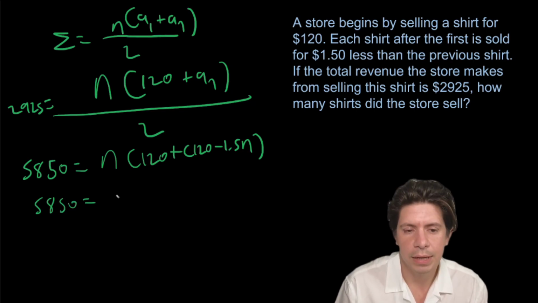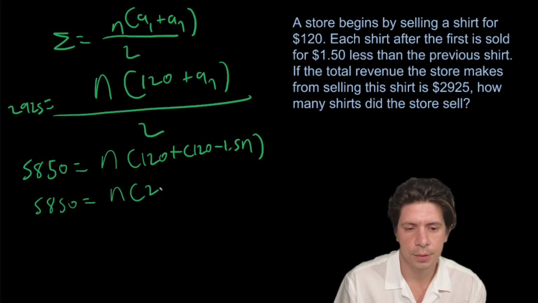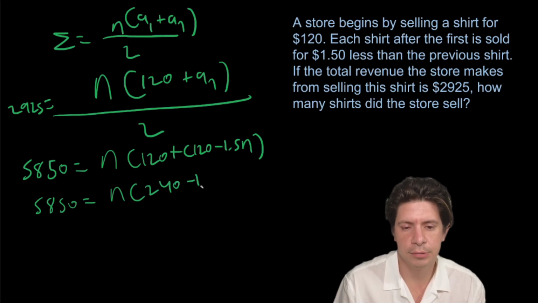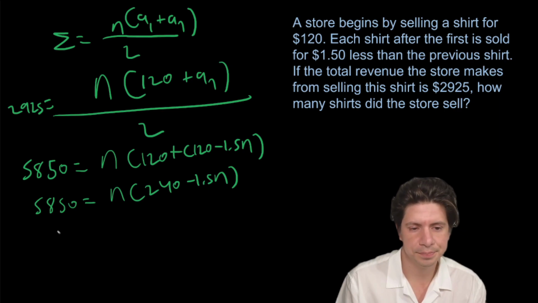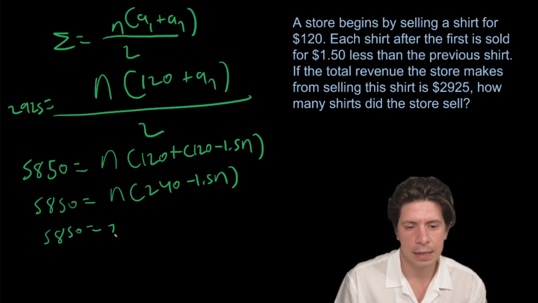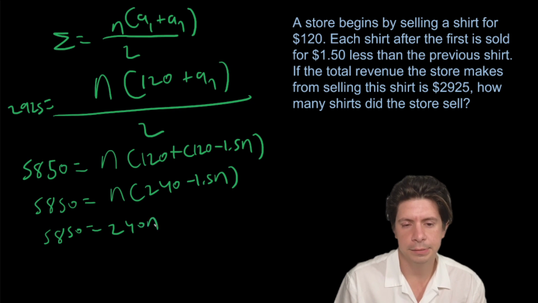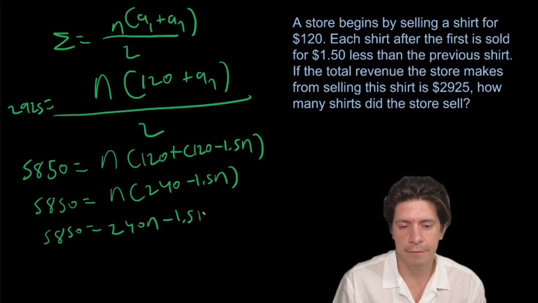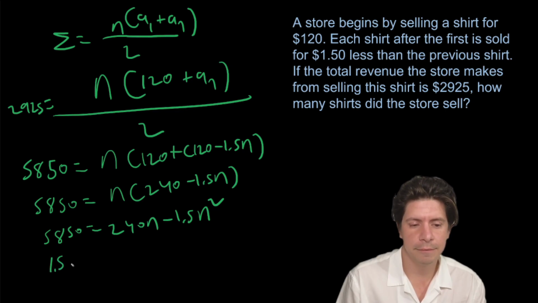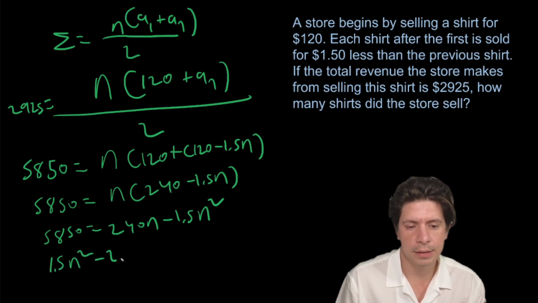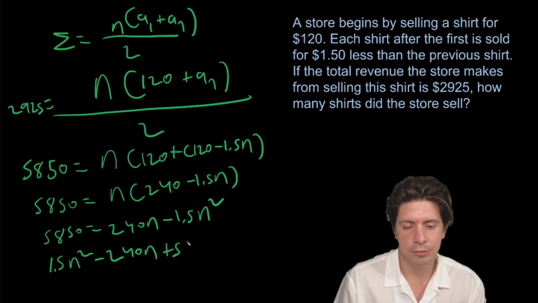So now when we add the inside, we're going to get n parentheses 240 minus 1.5 n, and then we're going to get 5,850 equals 240 n minus 1.5 n squared. So we'll have as our equation 1.5 n squared minus 240 n plus 5,850.